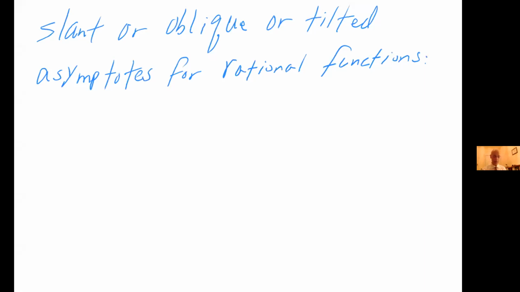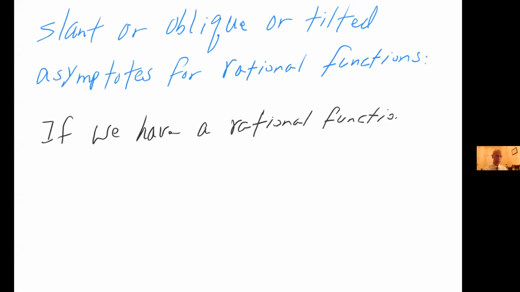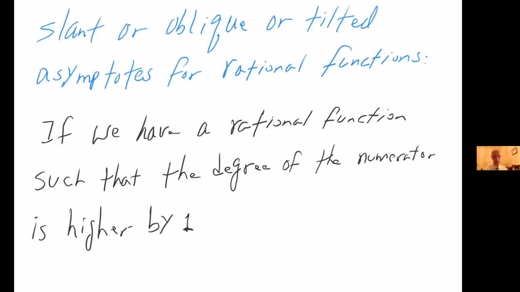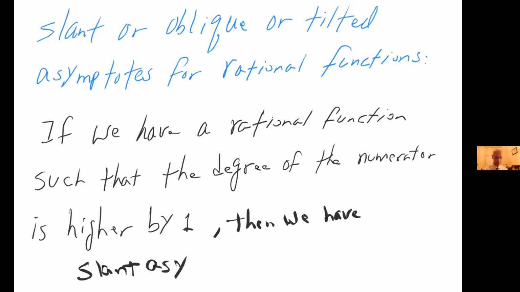If we have a rational function such that the degree of the numerator is higher by 1, then we have a slant asymptote.